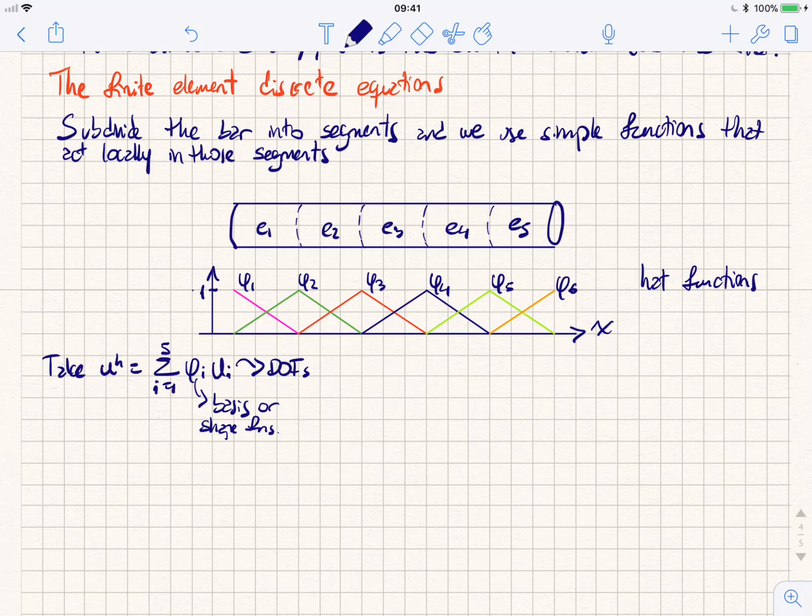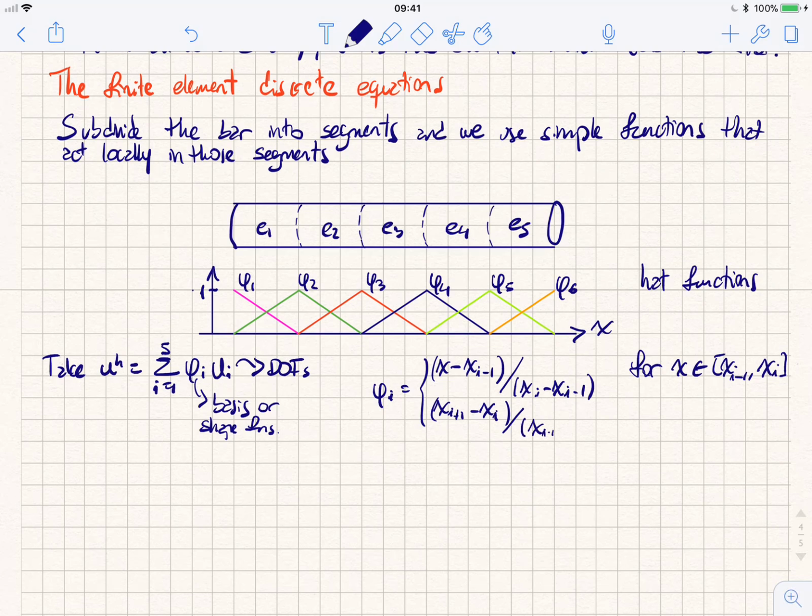Well, for this particular type of basis functions, you can write them as x minus x_{i-1} divided by x_i minus x_{i-1} for x in the interval [x_{i-1}, x_i], or x_{i+1} minus x divided by x_{i+1} minus x_i for x belonging to the interval [x_i, x_{i+1}].